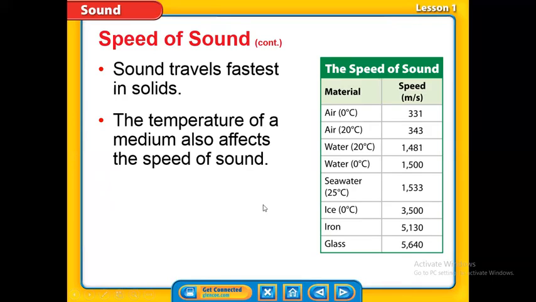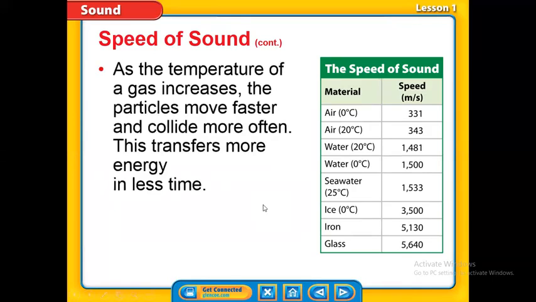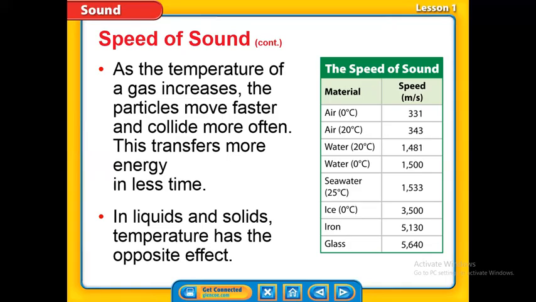So you can see how temperature affects the sound speed. As the temperature of a gas increases, the particles move faster and start colliding more often, and this helps the energy of the sound transfer in less time. It will not take the same time as if it's cold air, for example.